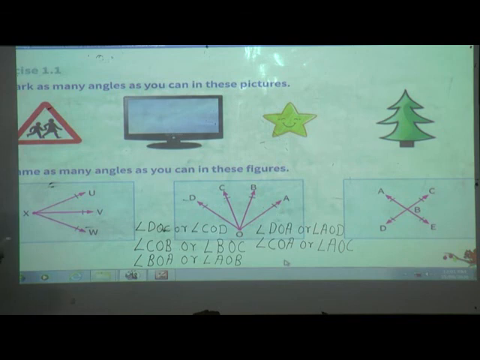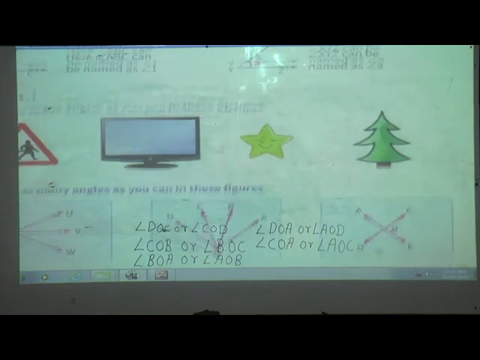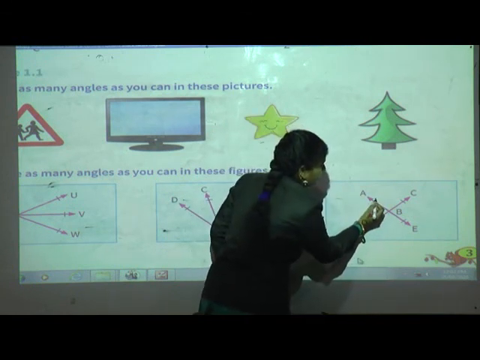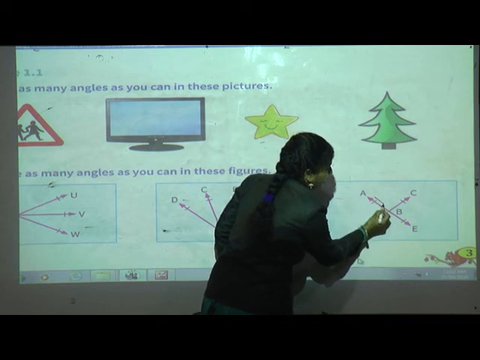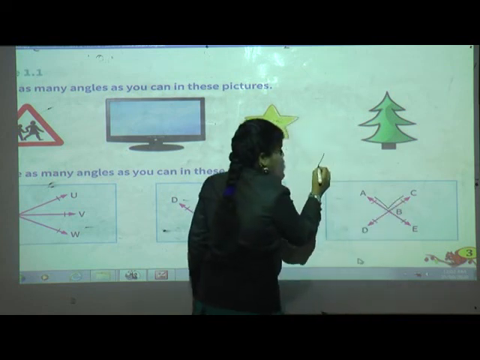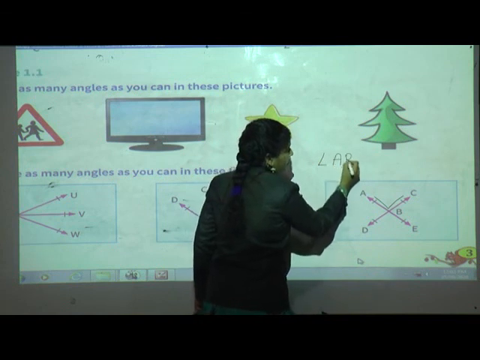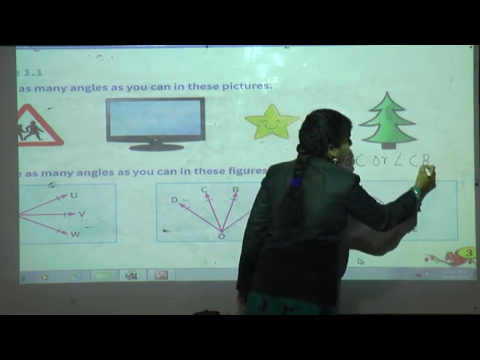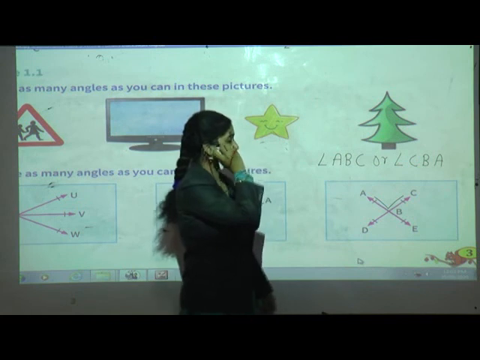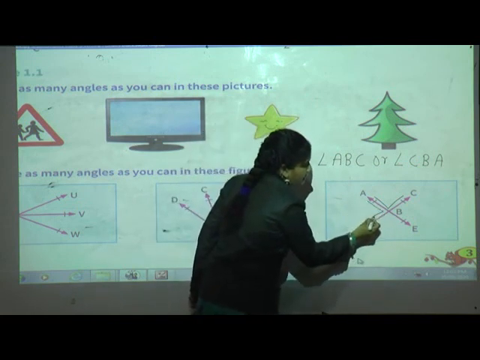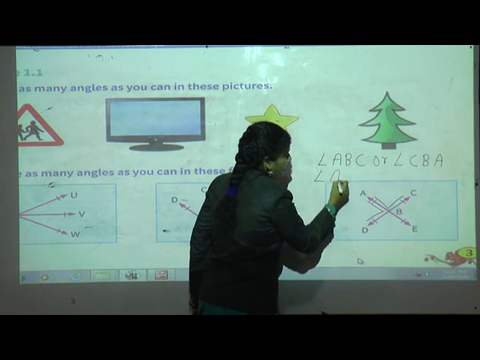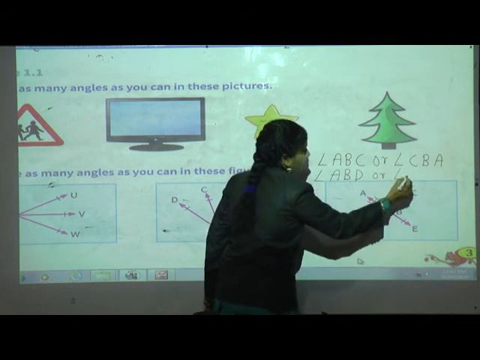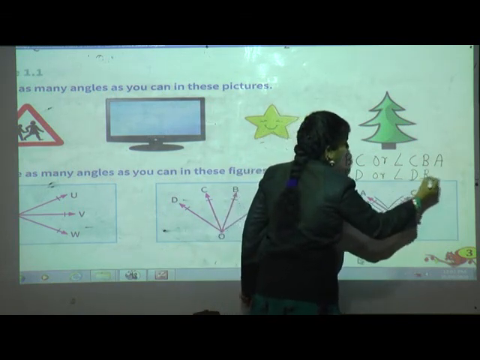Yes students, so our next figure is here. There are so many angles here. See, here angle ABC, angle ABC or angle CBA. Then again angle ABD or angle DBA.